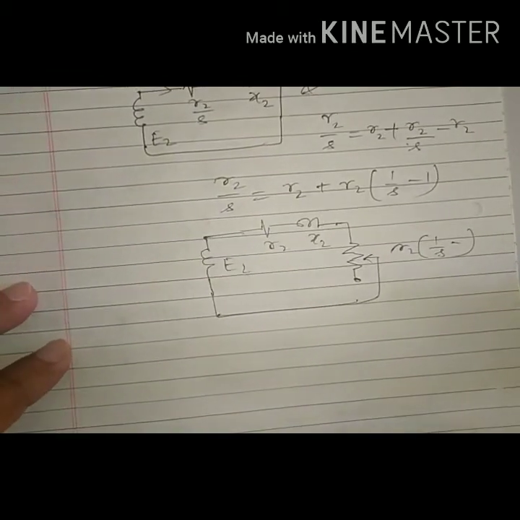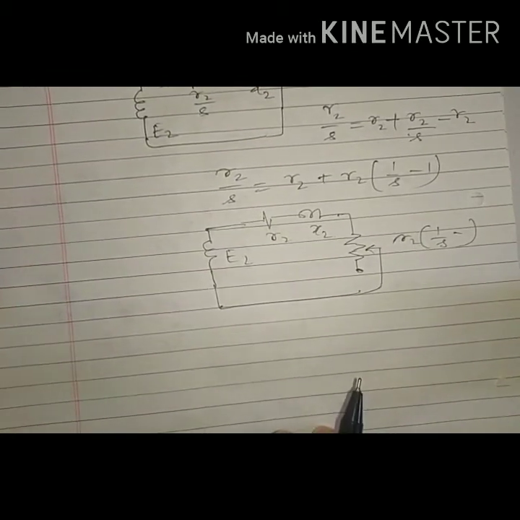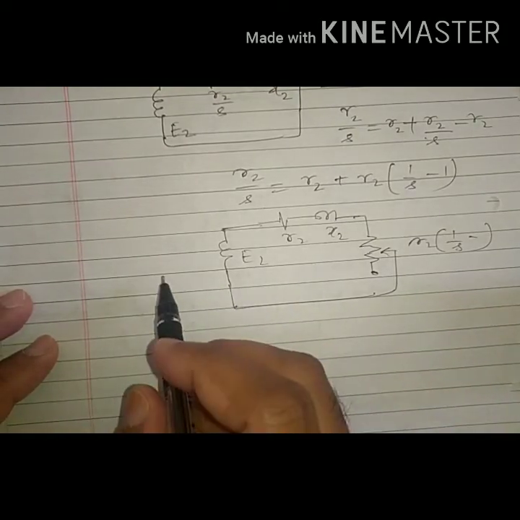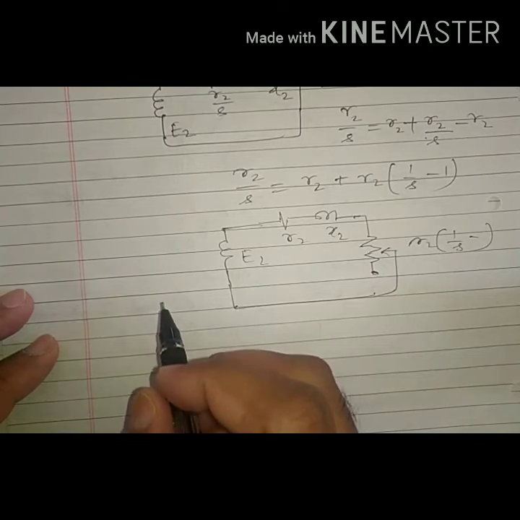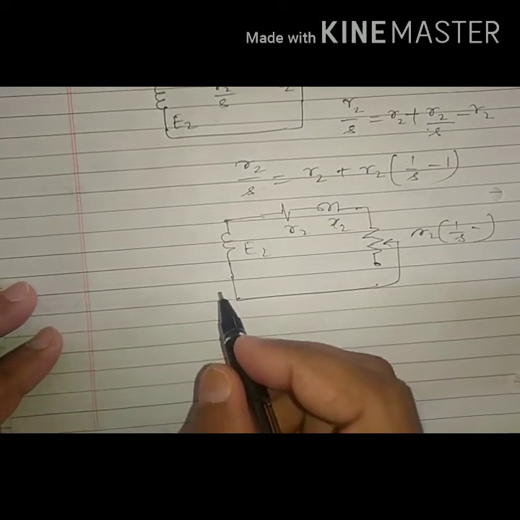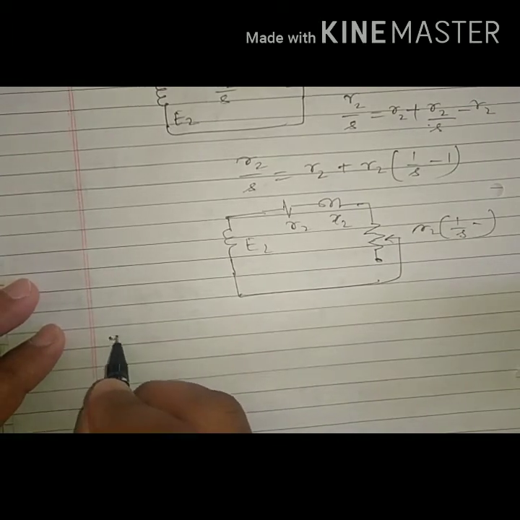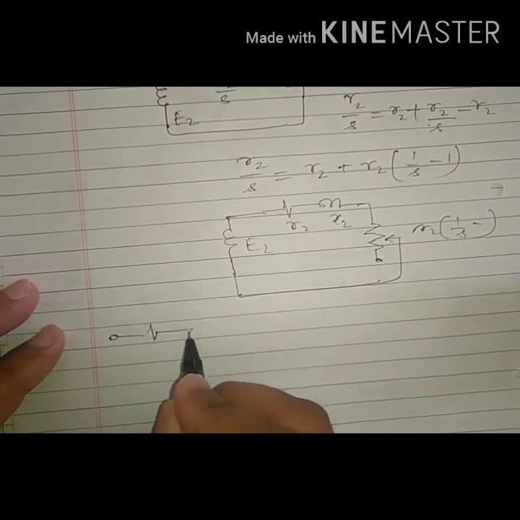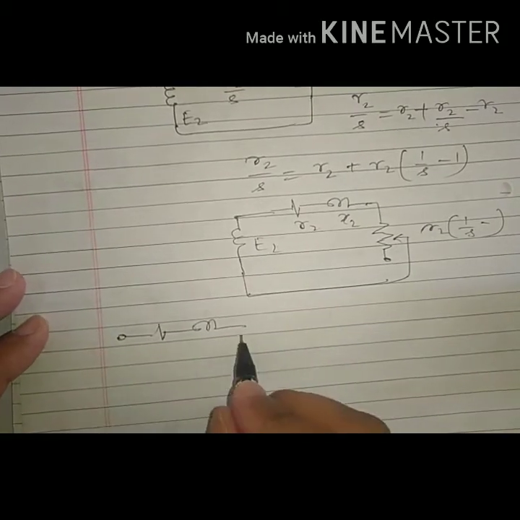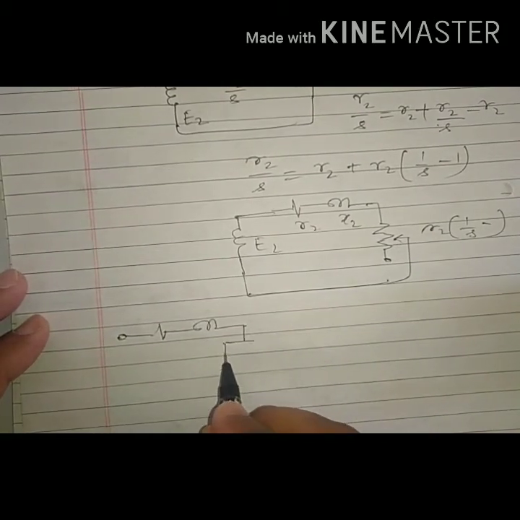Now the circuit can be transferred to the stator side, and while transferring a circuit to the stator side, all rotor side parameters will be written as E2 dash, R2 dash, X2 dash, and the circuit will be like this. So this will be the exact equivalent circuit. Let me draw it first.